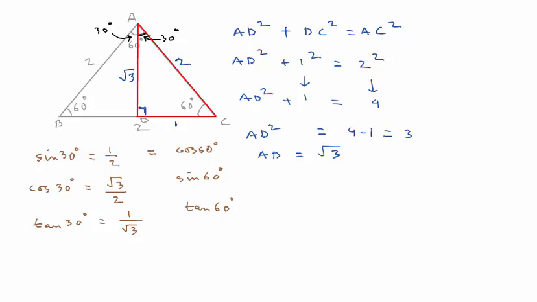Cosine theta is the same as sine of 90 minus theta. Similarly, sine 60 is the same as cosine 30. And tan 60, you know what to do, just flip it over. So you have square root of 3 over 1, which is nothing but the square root of 3.